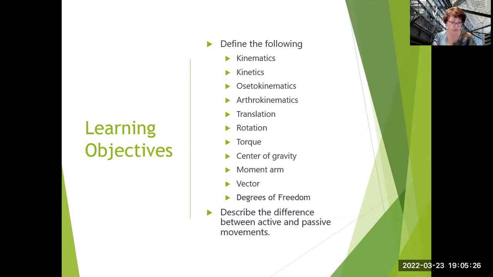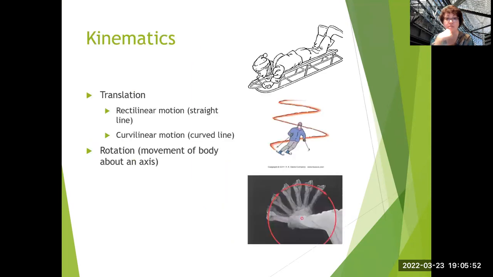So the first part of this chapter that we're going to talk about is kinematics and basic terminology, and then we're going to move into some other areas in chapter 1. The learning objectives for this part of chapter 1 are to define some terms and to talk about some different types of movements. So we will go through all of these.